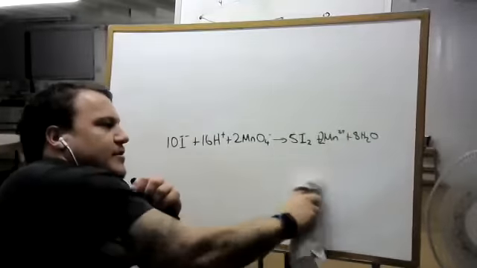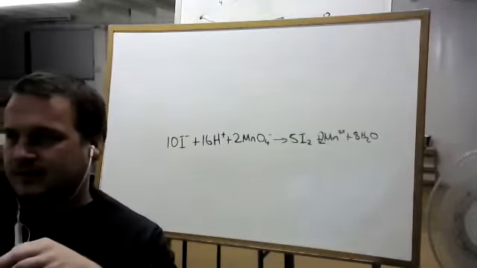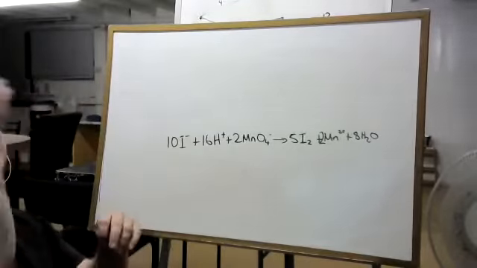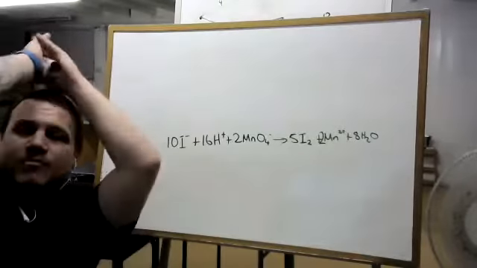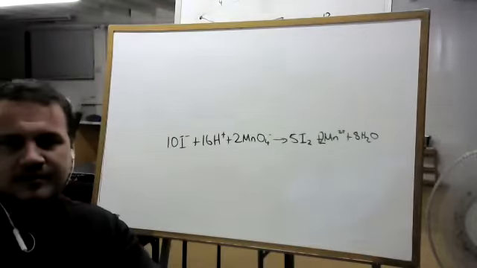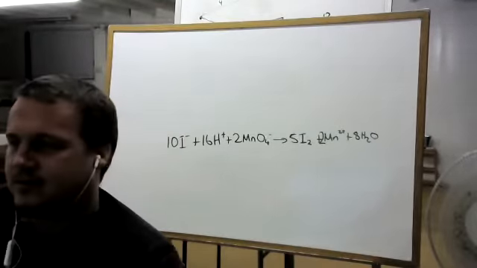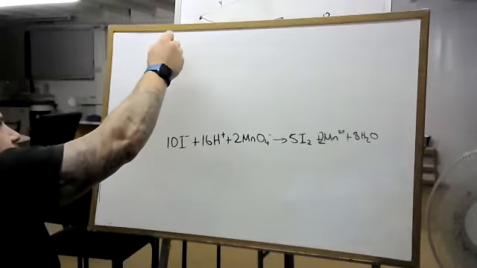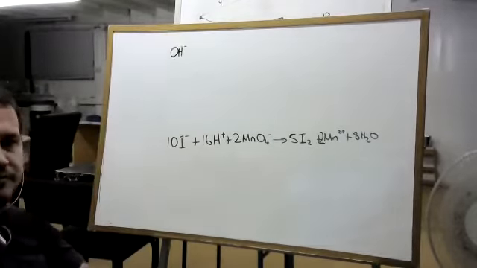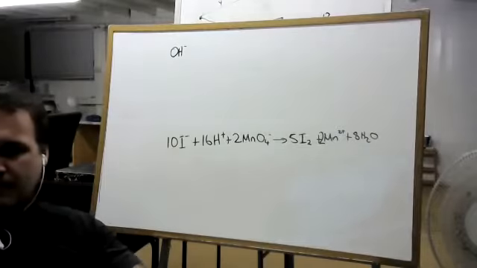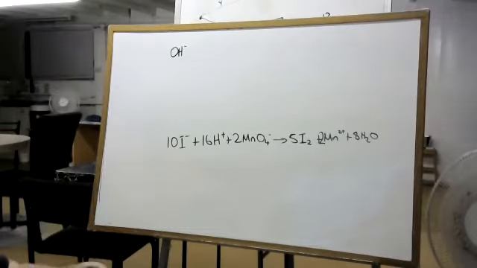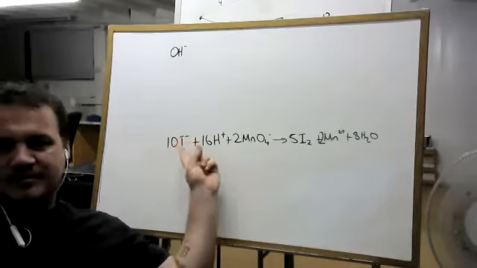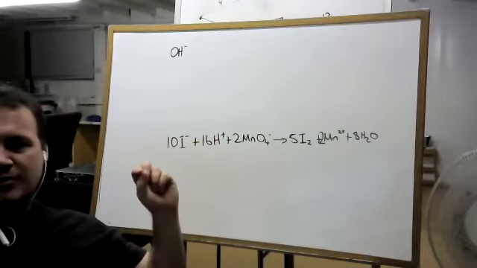So what can we do to make this solution basic? H3O is the acid. OH minus is the base. So we can add hydroxide to it. So we need to balance the H plus with OH minus.